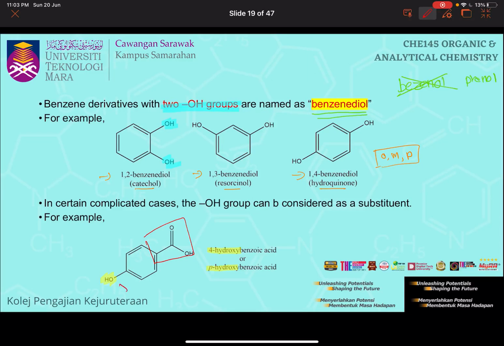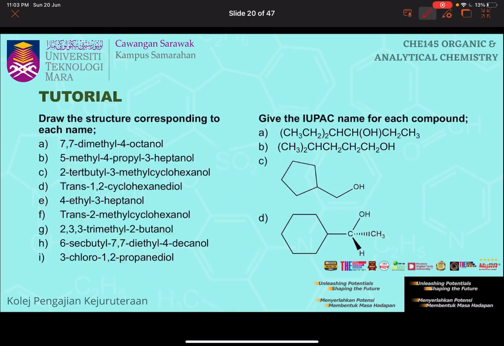So the OH becomes a substituent. As a substituent, be it on a benzene, on a phenol, or on a straight-chain hydrocarbon alcohol, the name should be hydroxy. Please take note of that.